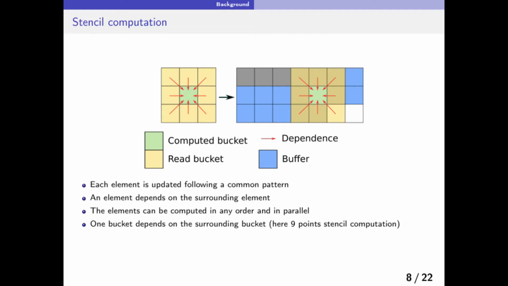So here a buffer in blue is used to cache the memory that is reused. So instead of reading all of the buckets from the external memory, using a buffer, only one bucket is read from the external memory. So 8 out of 9 of the buckets can be cached in this example.